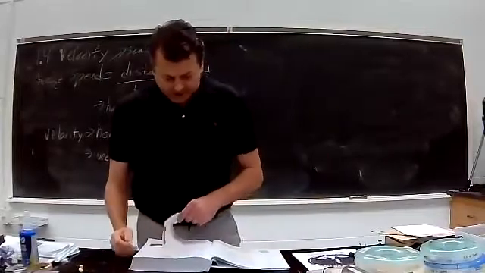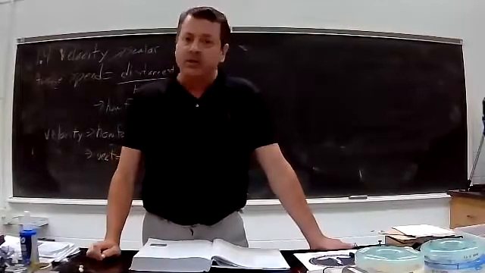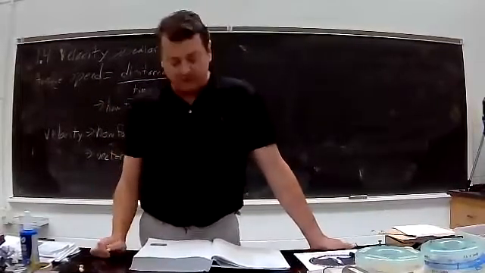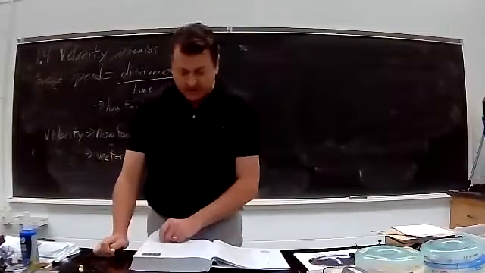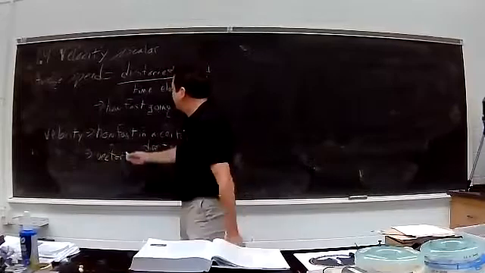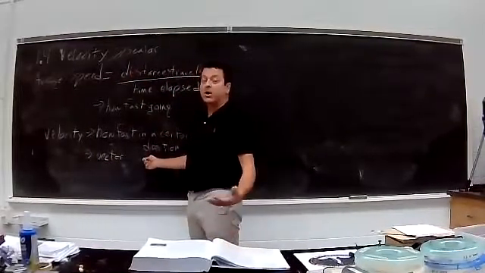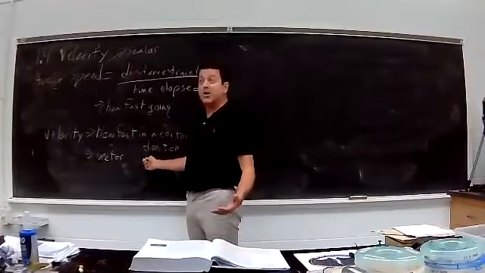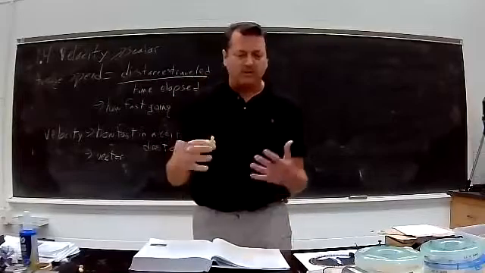A very good test question could be, why can a cop not give you a velocity ticket, but can give you a speeding ticket? We'll talk a little bit more about that next time. The way you would write this, you have to say 60 miles an hour, and if you go to Myrtle Beach, you'd be going southeast from here to here. That's the way you would write it.